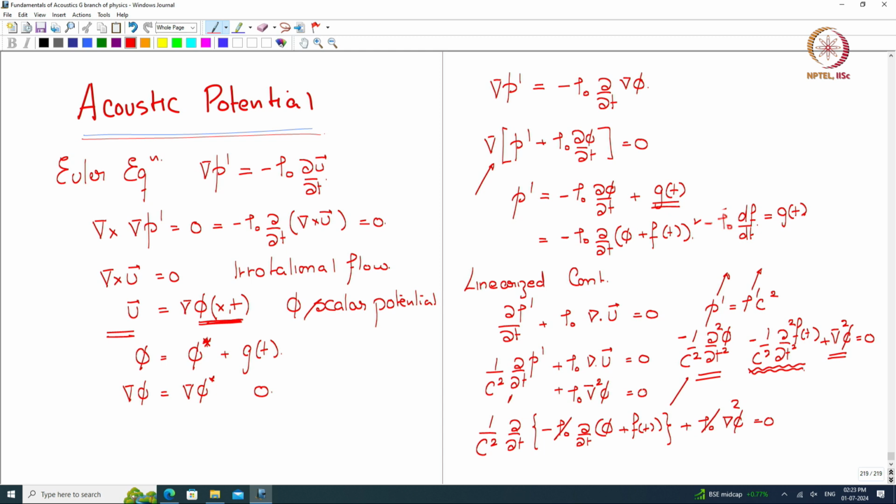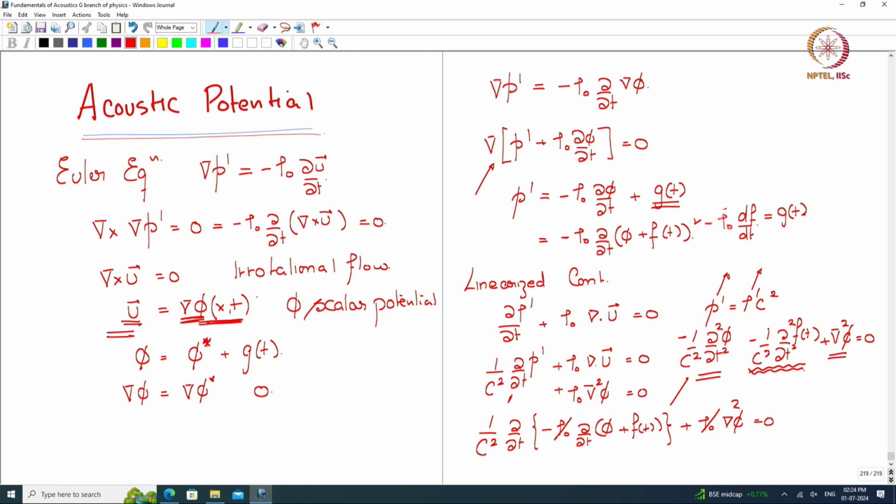So what we are saying is that there are several phi's which give you the same velocity, because the gradient of phi is all that is needed. Once you take the gradient, the temporal term goes away.